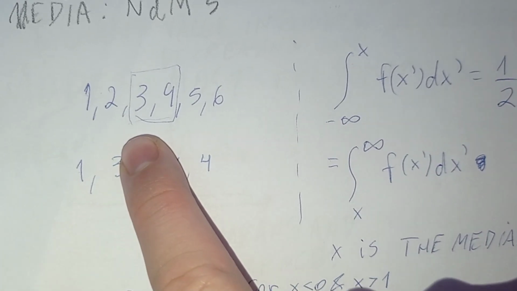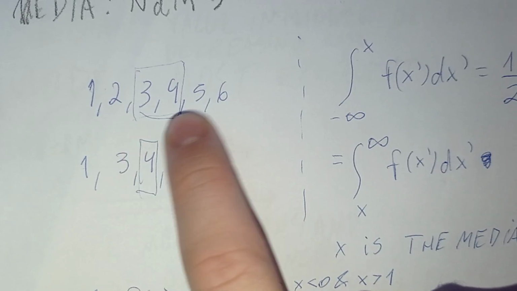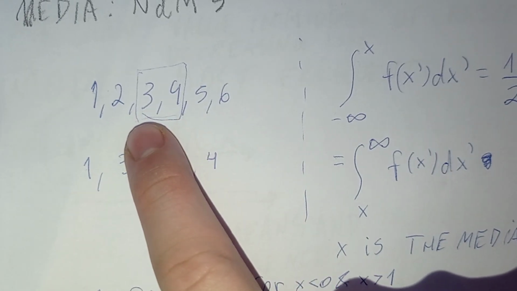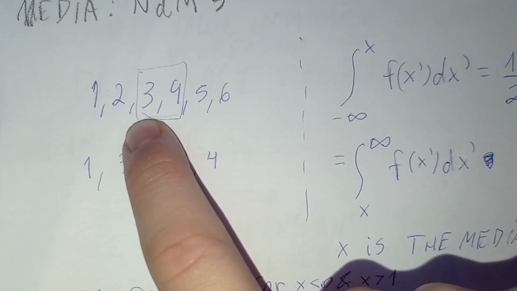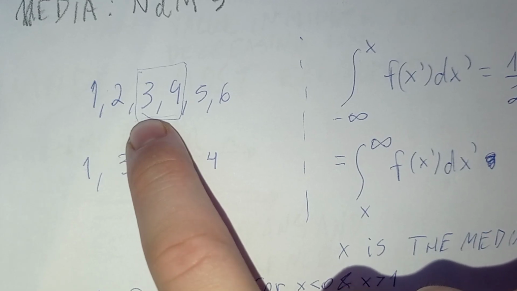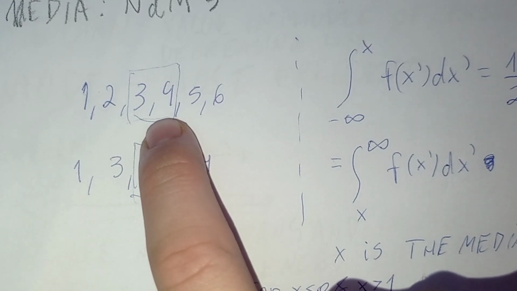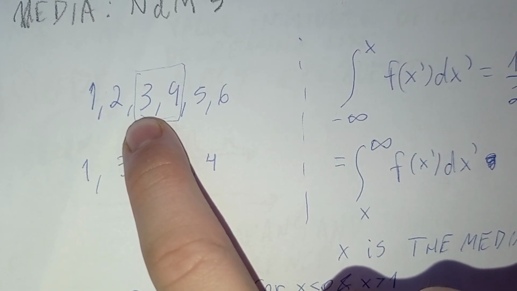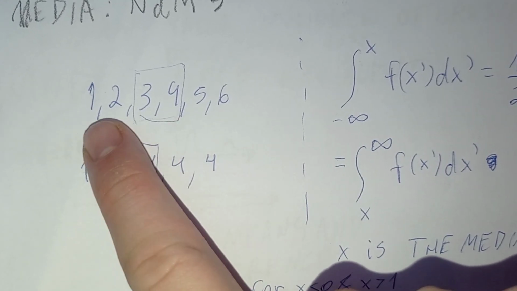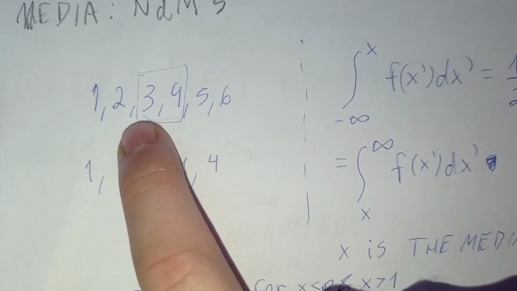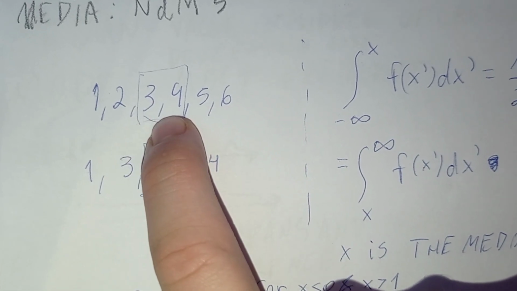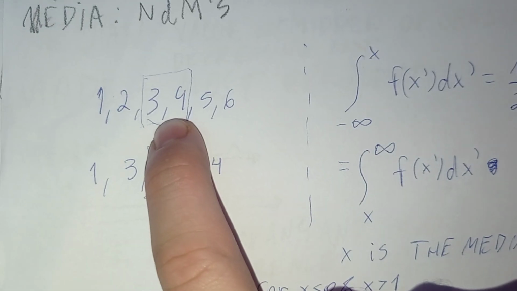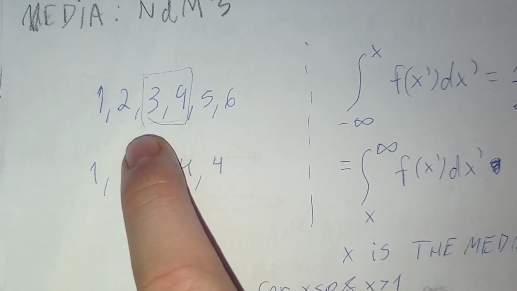If you have an even number of things in your data set, you take n divided by 2 and n divided by 2 plus 1, both of them. You sum them and divide by 2. So for instance, there are 6, I divide by 2. The third and the fourth one are going to be used to say what's my median here.